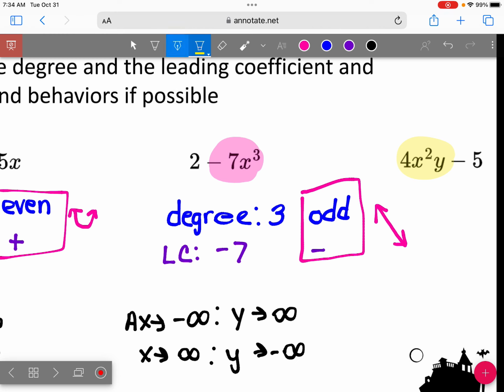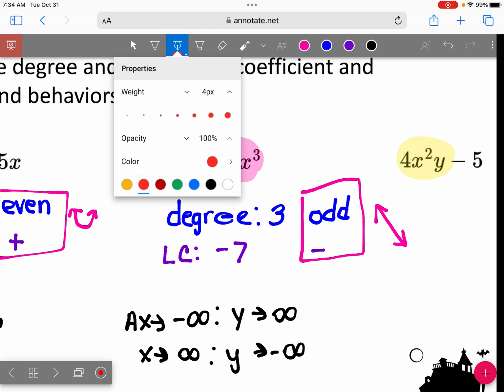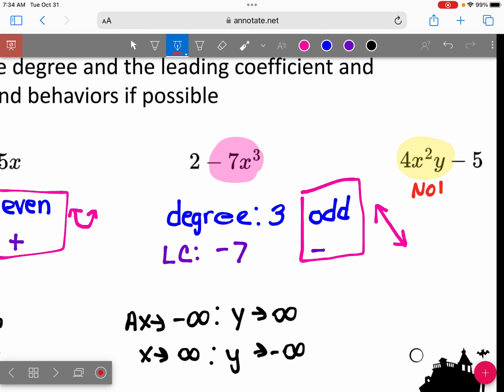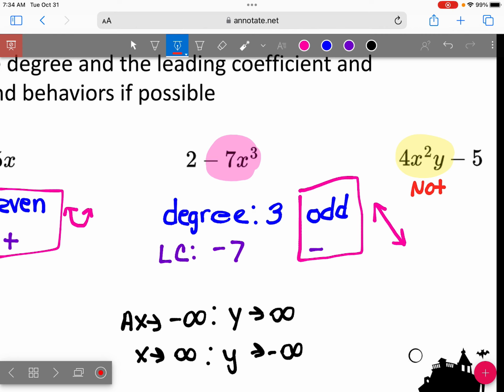So this is not a polynomial in one variable, which is what we're working with right now. We're not going to be getting end behaviors on this anyway. We're never going to graph something in two variables polynomials-wise because they get horrendous.